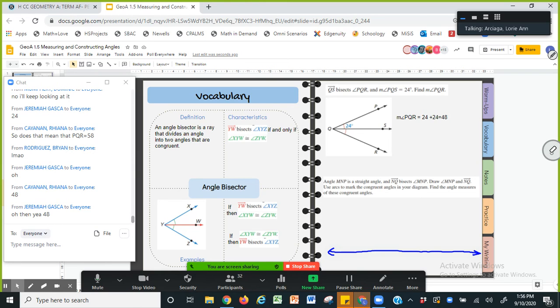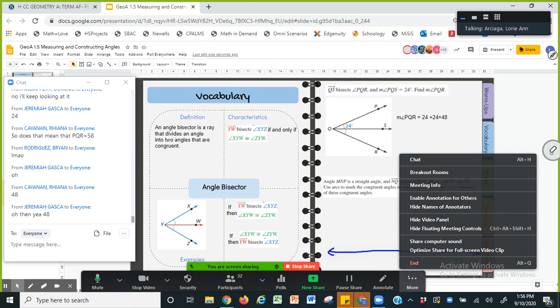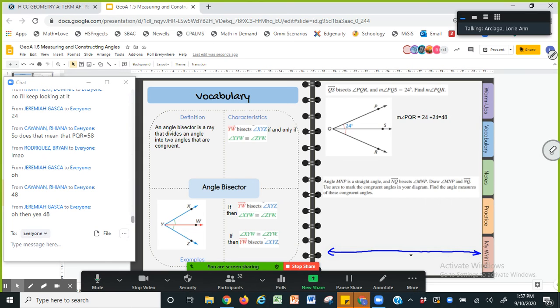All right. Angle MNP is a straight angle, and NQ bisects MNP. So a straight angle is 180, right? So we know that the middle letter must be N. There you go.